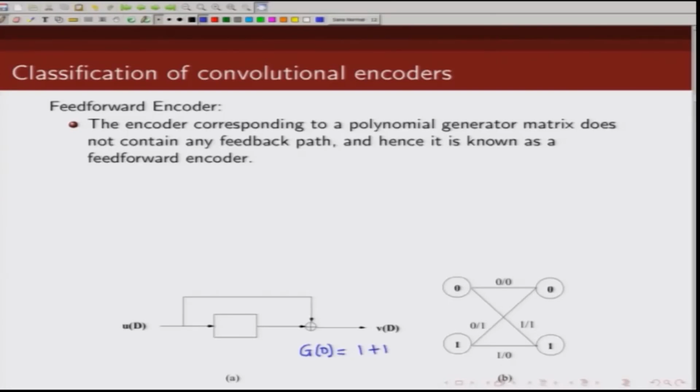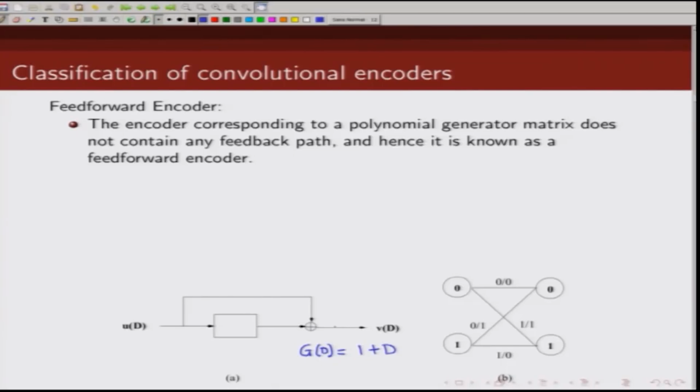1 plus D. Note here, the generator matrix is a polynomial generator matrix, as opposed to a rational generator matrix, and there is no feedback from the output to the input side. You can see the output depends on the current input as well as the input one time instance in the past.